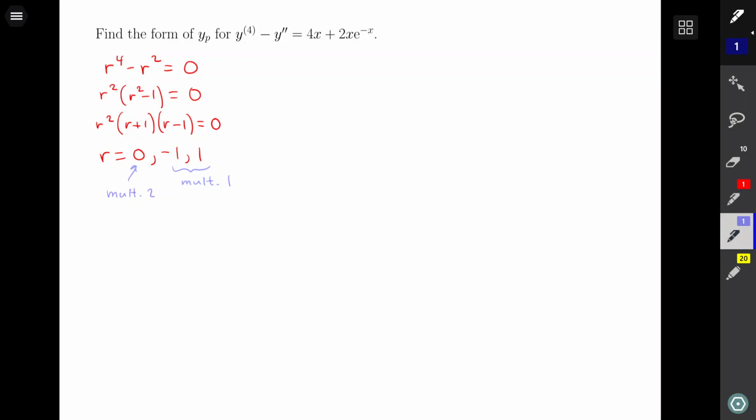And in case you're curious, what that means is that the complementary solution is going to look like this.